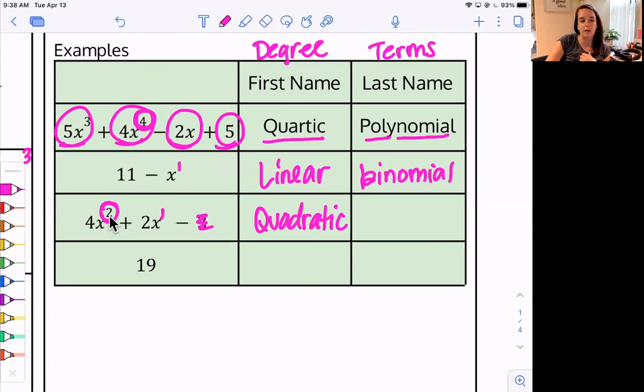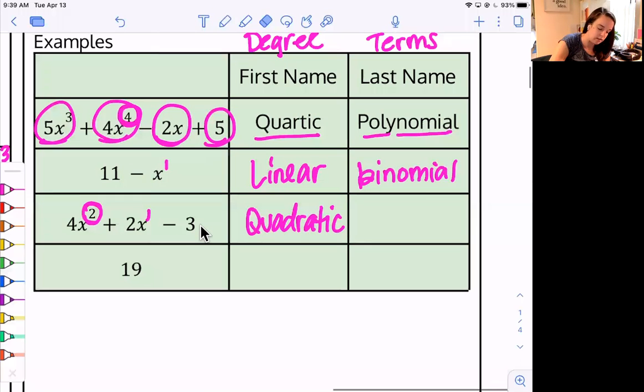The bigger one is the 2. Does that make sense to us? All right. So then how many terms does it have? How many parts are there in this? 3. Yes, it is a trinomial. 1, 2, 3. This is a trinomial.